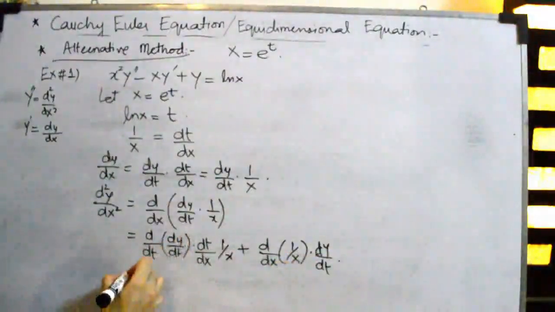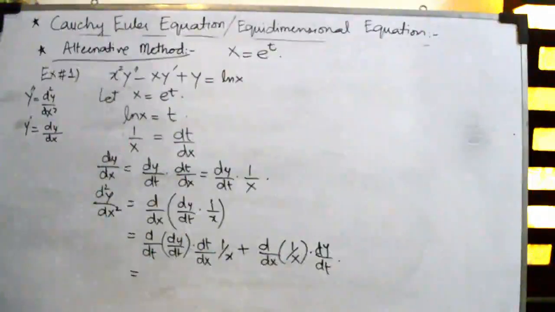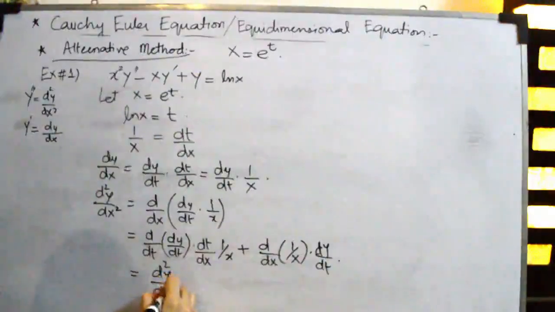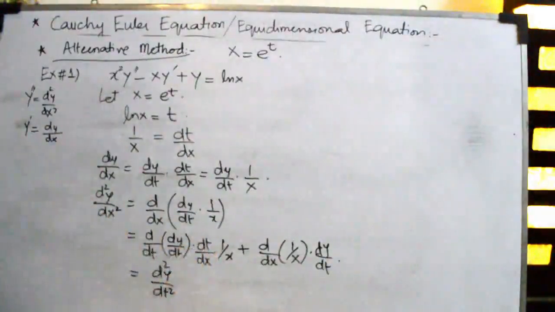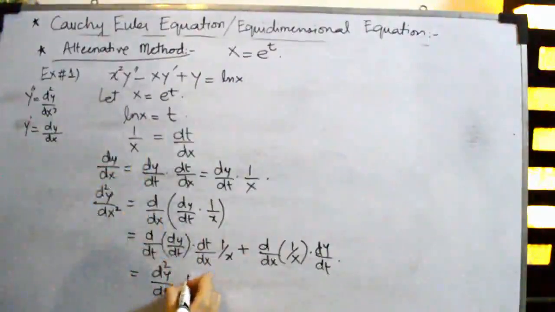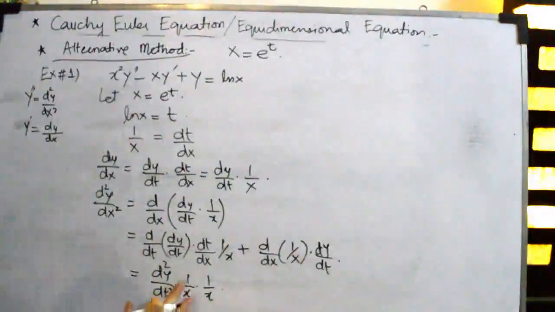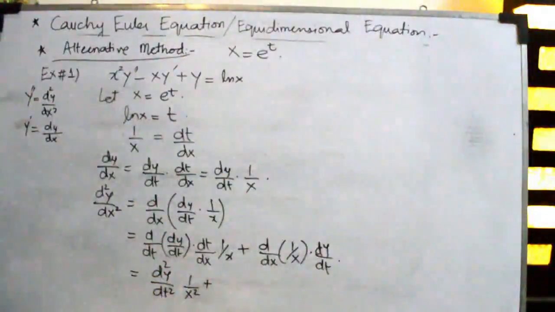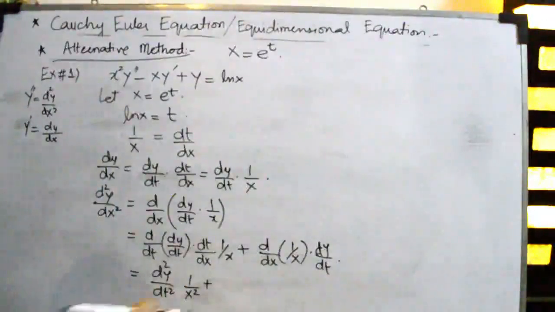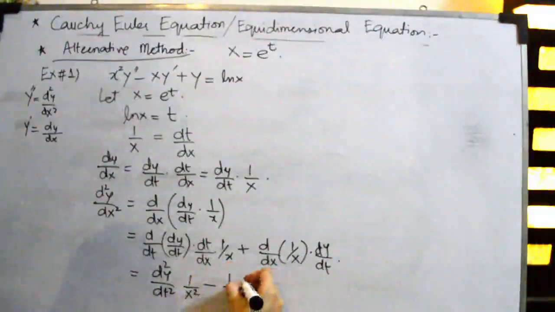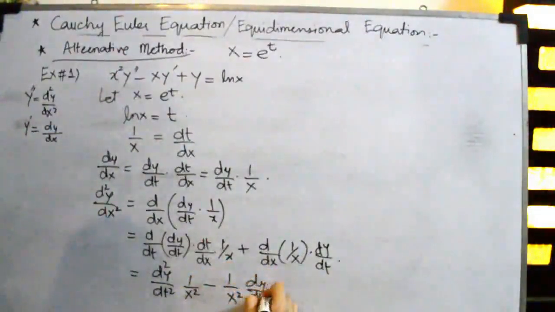So that becomes d by dt of dy by dt, which makes it d2y by dt square, times dt by dx, which is 1 by x, into 1 by x, making it 1 by x square, plus the derivative of x to the power minus 1, which is minus 1 by x square, into dy by dt.